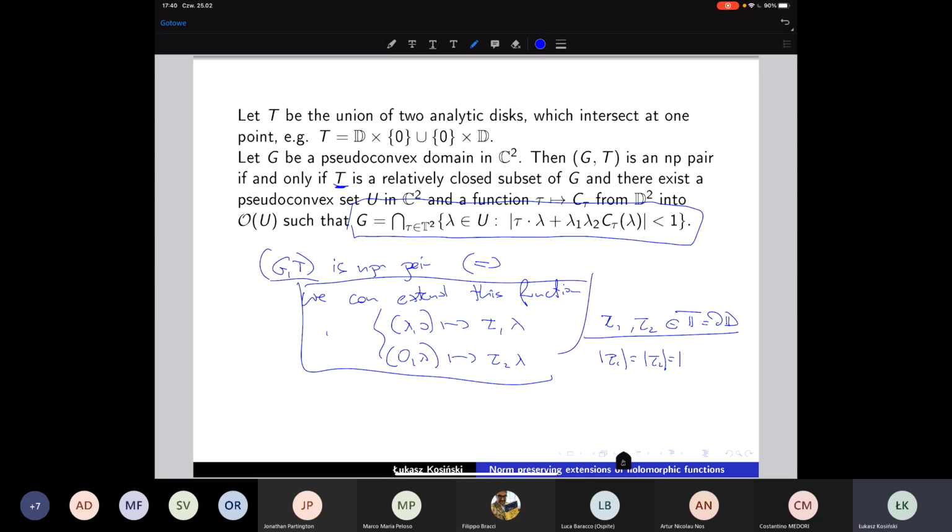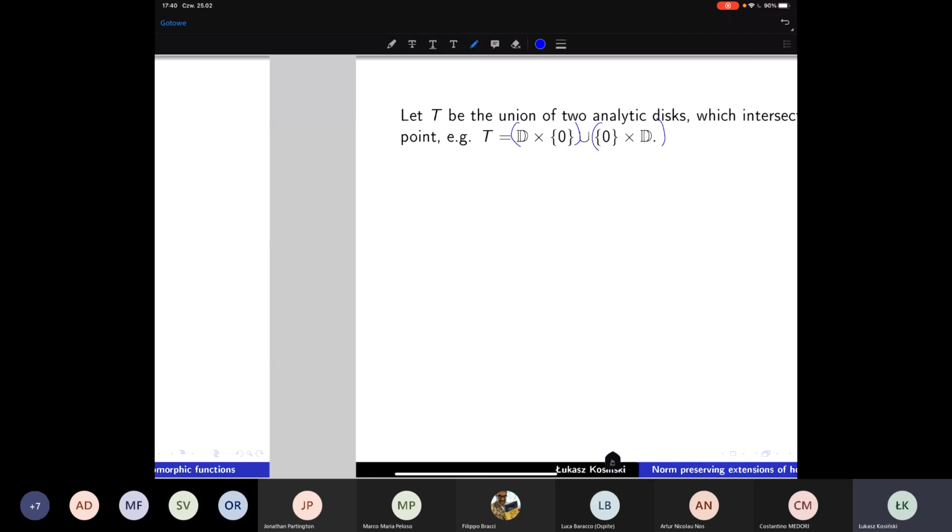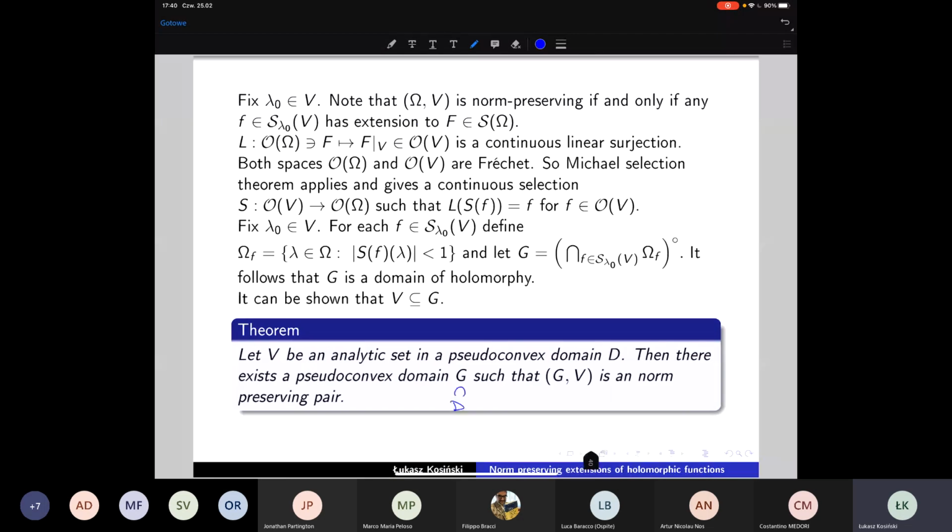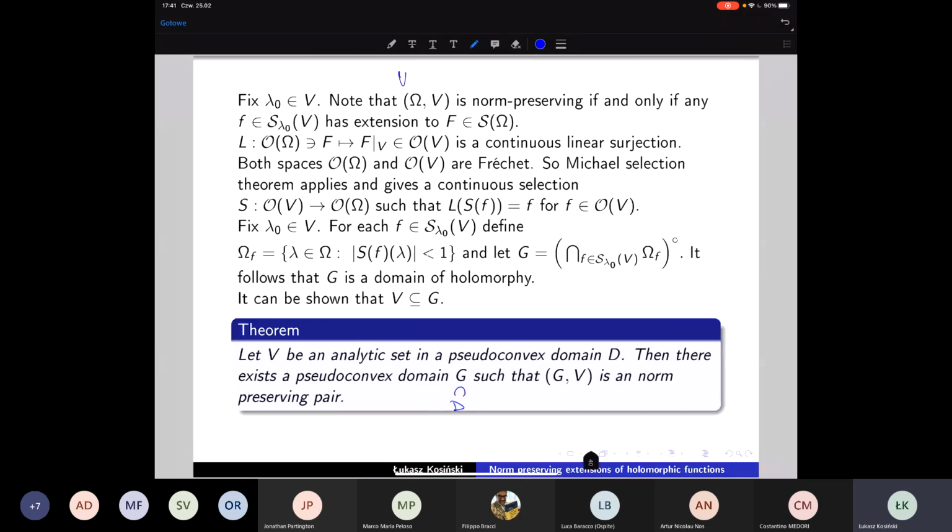Actually, even much more can be said. Let me come back to this for a moment. Look, this idea works also for functions on V in the ball B of H, but only when H is finite dimensional.